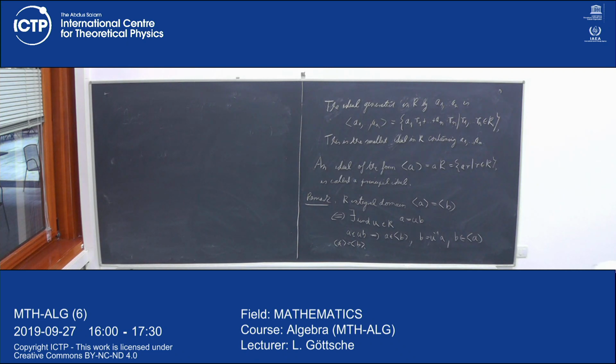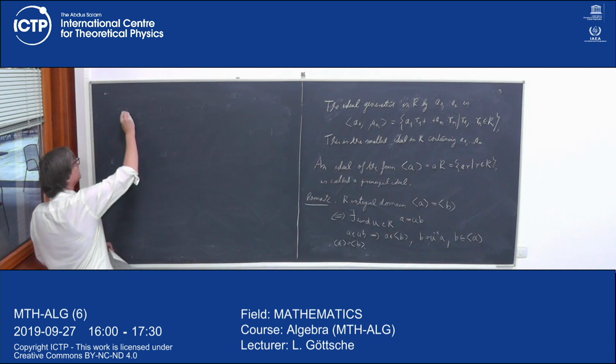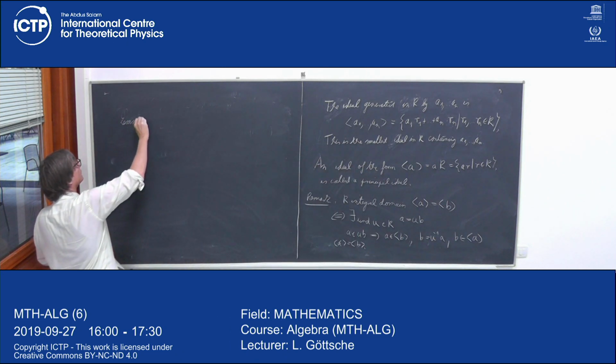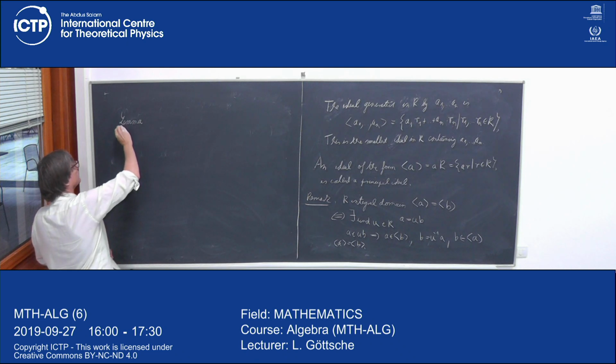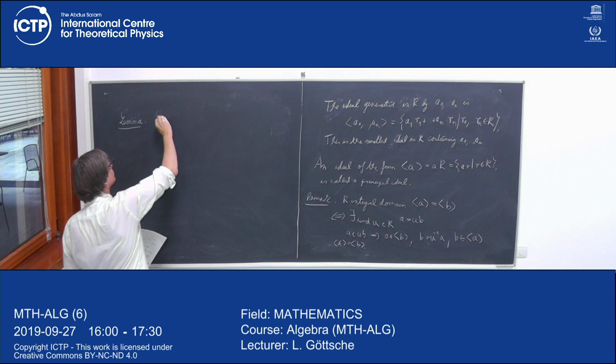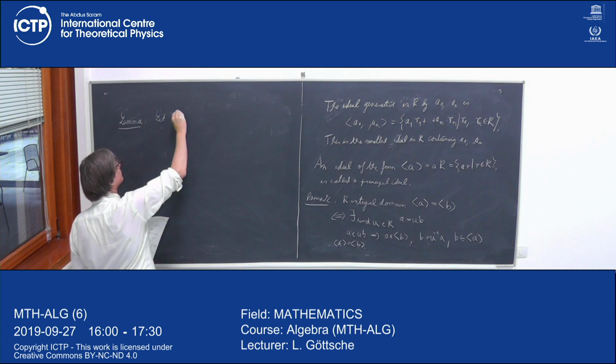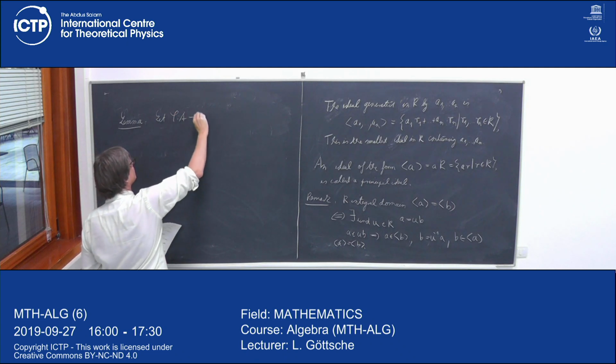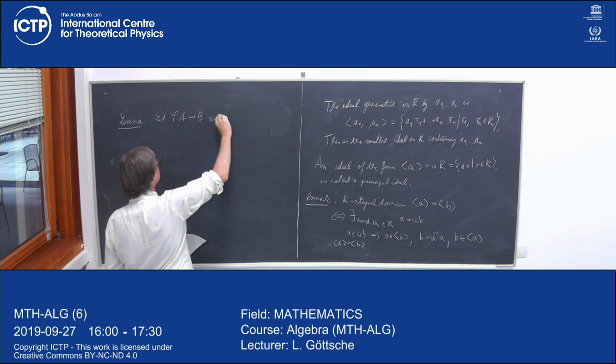Now, in particular, the image of the map is only a subring, therefore not an ideal, but obviously if it is surjective the image is the whole thing, and therefore an ideal. So this is the following lemma. But the most important thing is somehow that the kernel is an ideal. So let phi from A to B be a ring homomorphism.